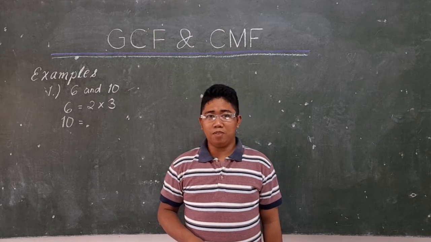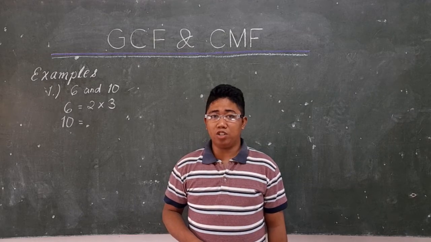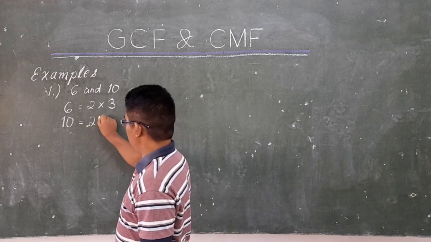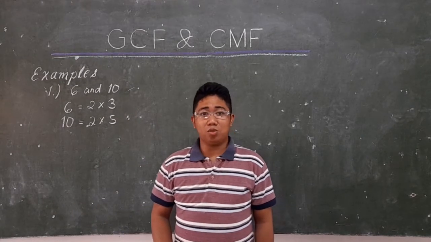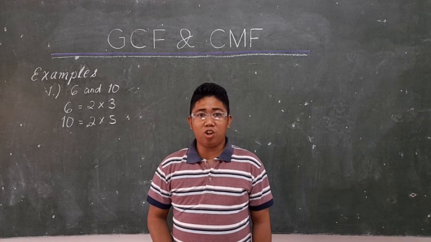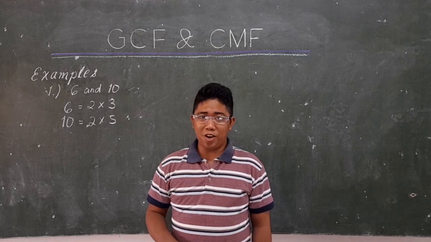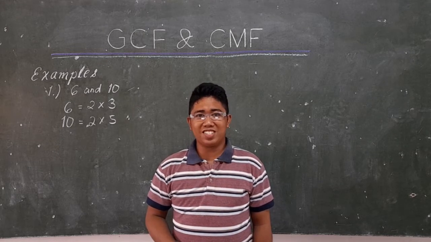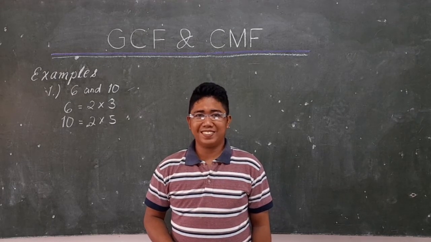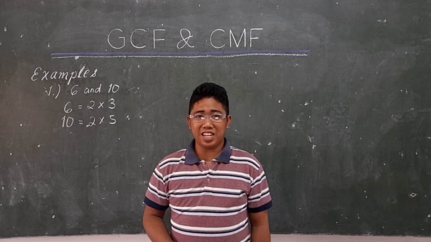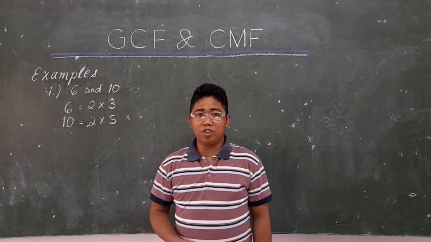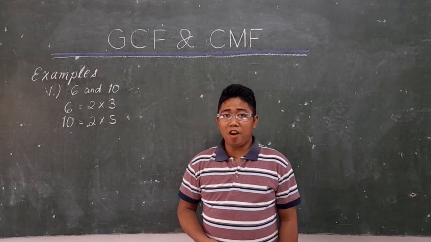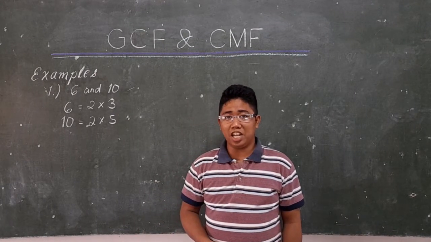The possible factors of 10 are 2 times 5. Okay, next, students. Is there anything common to the factors of the two numbers? Yes or no? Of course, yes. In the factors of the given numbers, there is a common number.